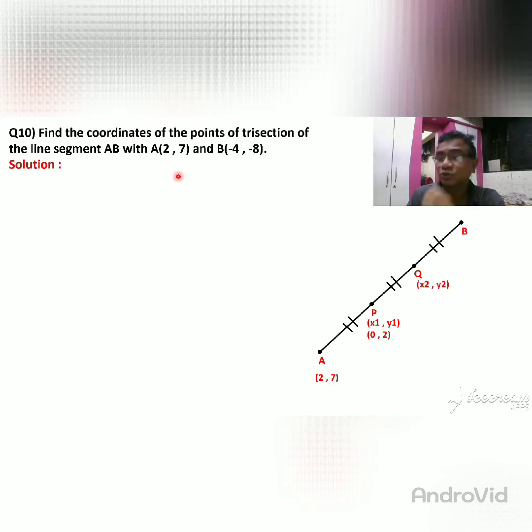This is the segment AB, from A to B, and the segment AB is divided into three parts: one is AP, another is PQ, another is QB. In this way AB is divided into three parts. Each part is equal, that means AP is equal to PQ, PQ is equal to QB.